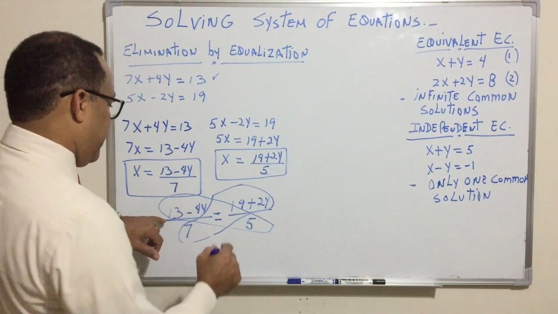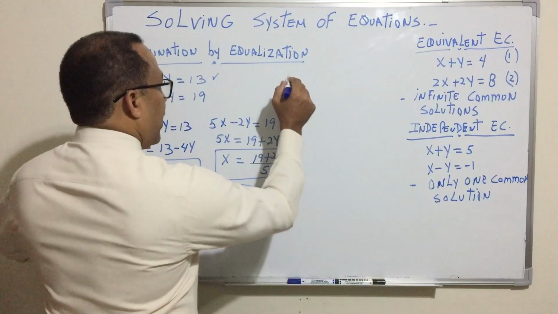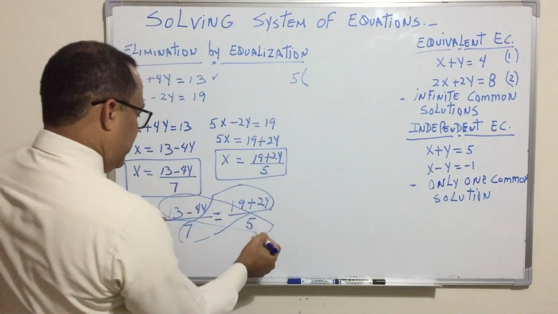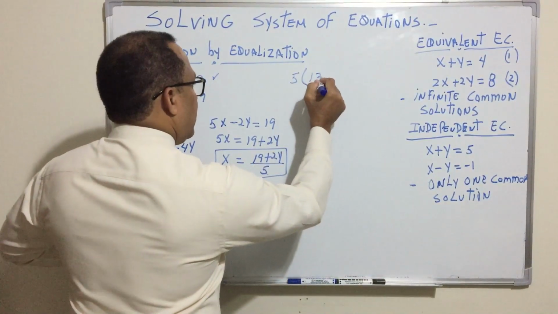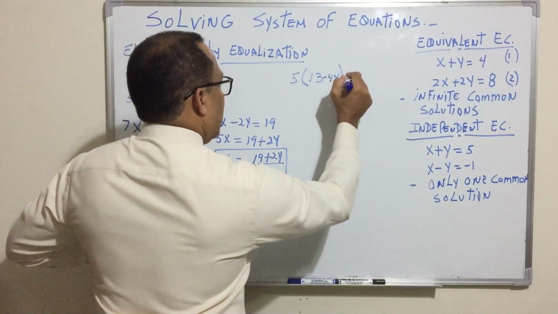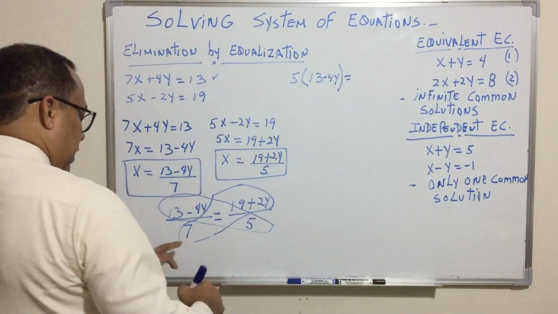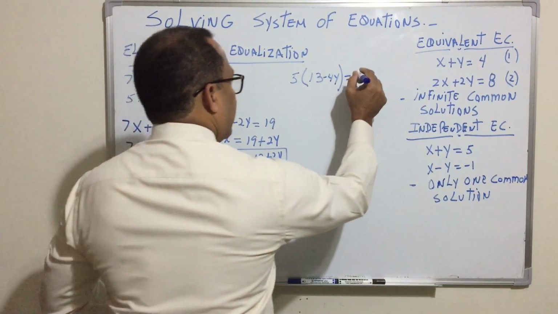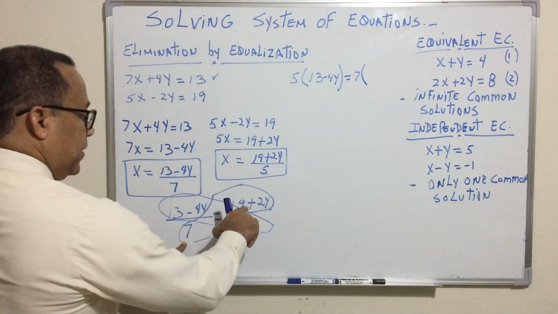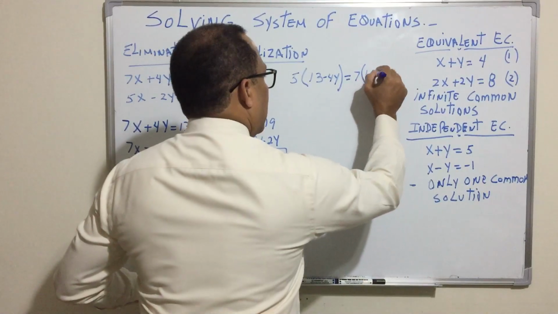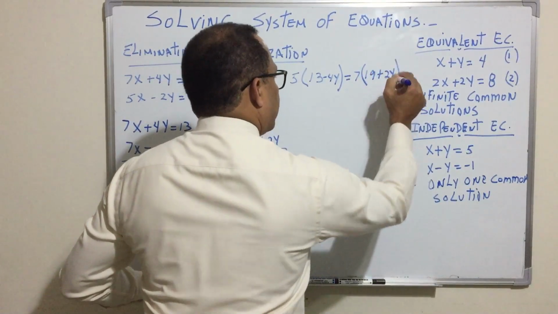So this will be 5 times 13 minus 4y equals, I just multiply these two, 7 times 19 plus 2y.